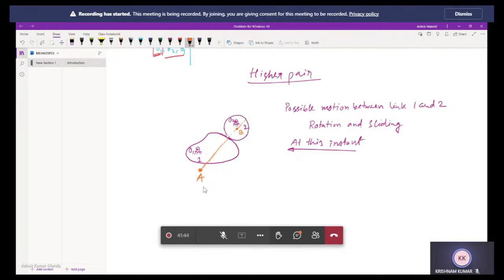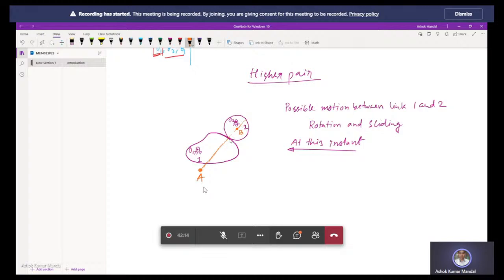So any motion here can be represented as rotation of this link 2 with respect to point B, and the motion here can be presented with respect to point A. Now here a point you must note is that this line AB is changing at every instant.